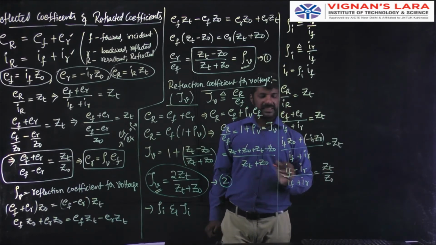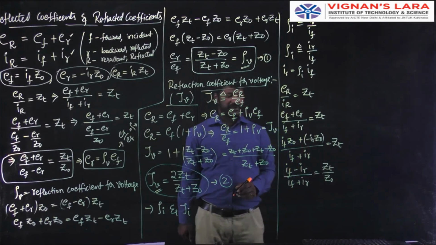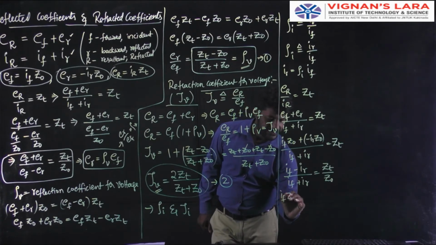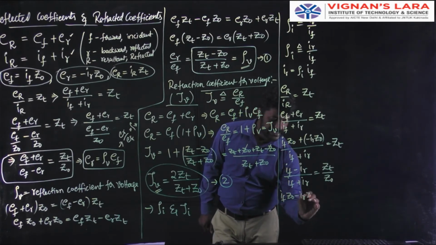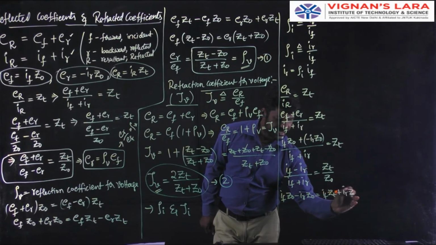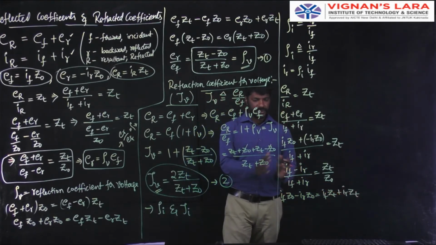Just simple mathematics we are doing here. Cross multiply and rearrange all the forward and reflected terms to either side. Then IF Z naught minus IR Z naught is equal to IF ZT plus IR ZT. As I told you, reflected and forward quantities are taken to one side.